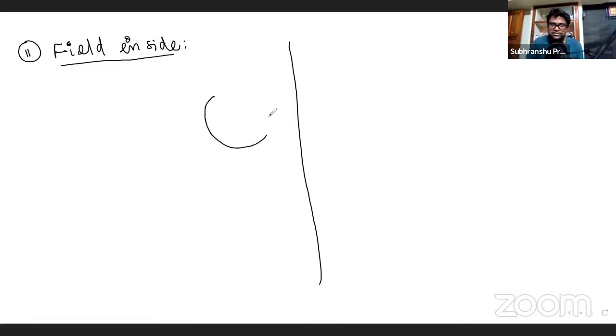Let's say this is a charged sphere. So charges are distributed over this sphere.